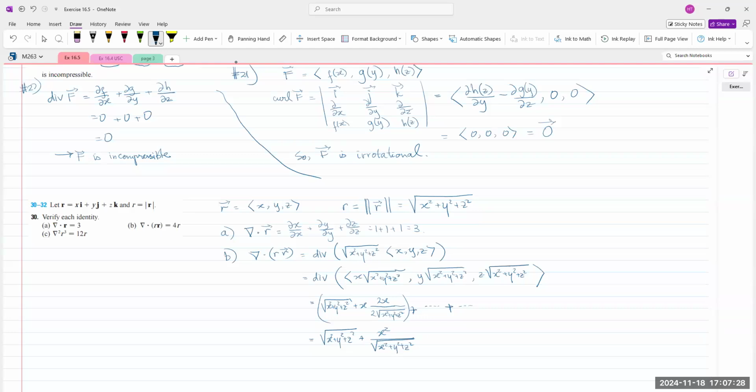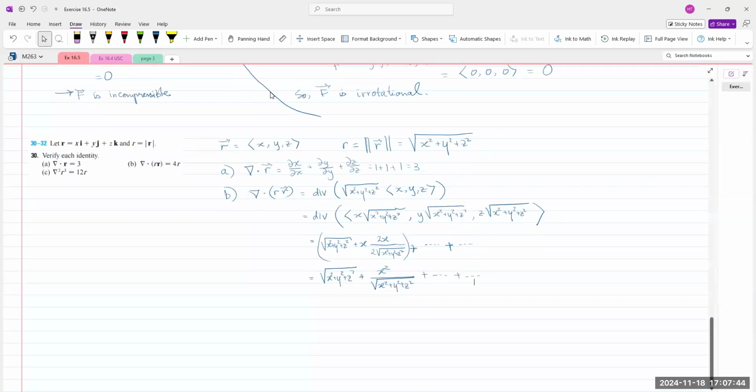And of course you will see that the y component, the partial with respect to y, and the partial with respect to z component will follow a similar pattern. This will be r as a scalar plus x squared over r plus.